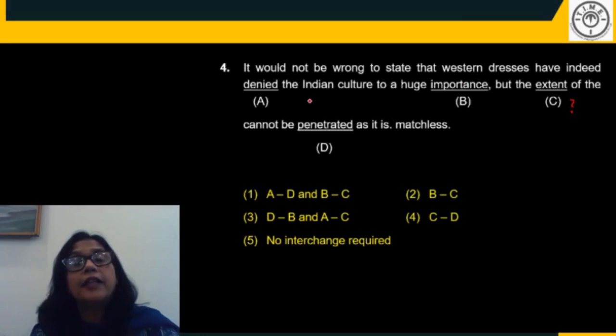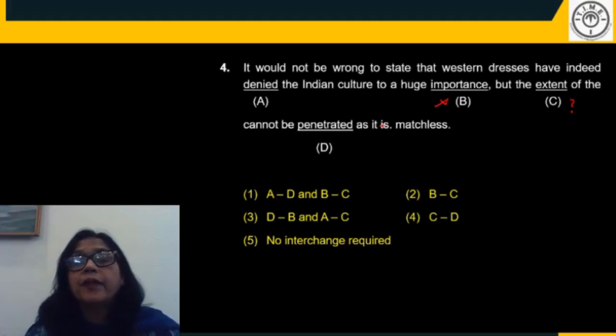Denied the Indian culture to a huge importance, B is wrong. Extent of the cannot be penetrated, extent of what? So B is wrongly placed, C is wrongly placed, but if we interchange just the two of them, the sentence is still incorrect.